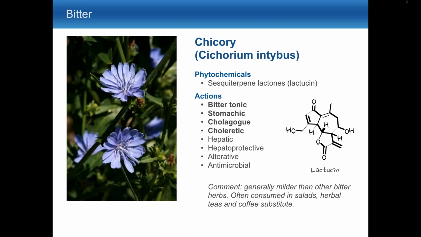So in the old days, coffee was very expensive. Chicory was a weed that grew all over the world, in Europe, Asia, all over North America. If it was the summertime, I would be willing to bet $1,000 I could find it within 5 minutes of leaving my clinic or my house, because it just grows everywhere.